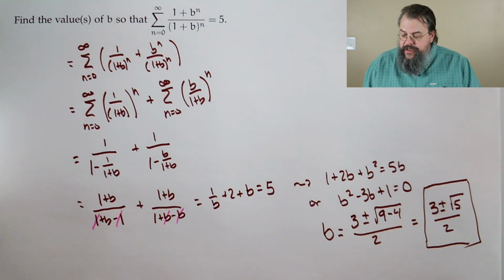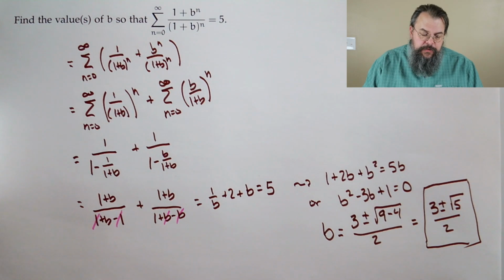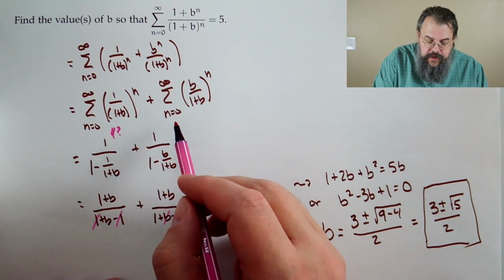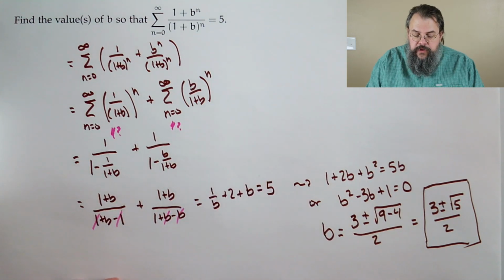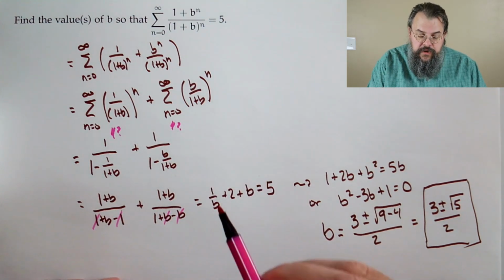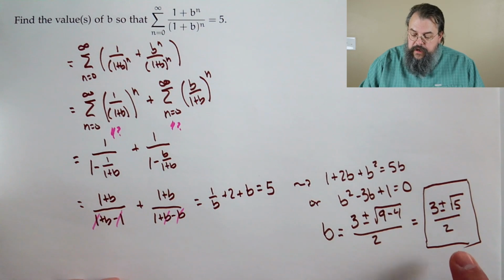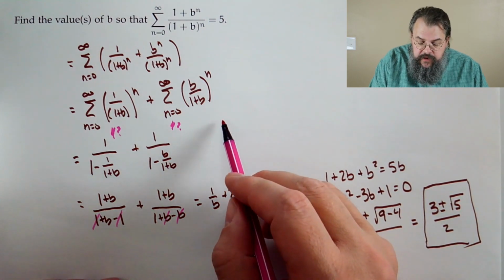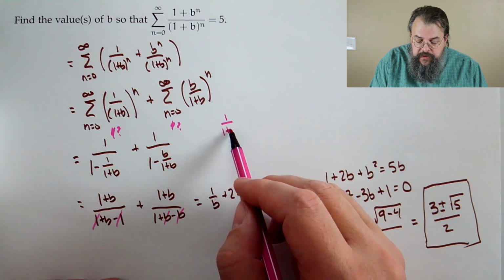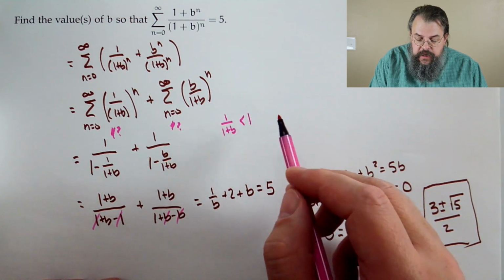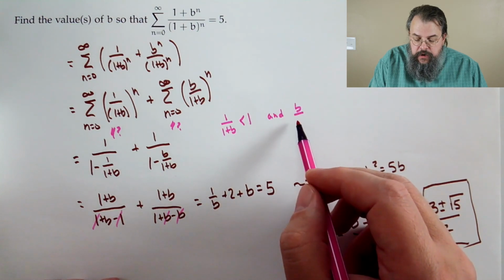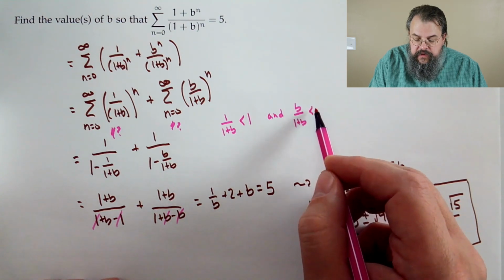Well, the technicality is, how did we know that these were the sums over here? How do we know that that's true? So what we need to do is, on a side note, these are both positive numbers. It has to be that 1 over 1 plus b is less than 1, and we need to have b over 1 plus b be less than 1.